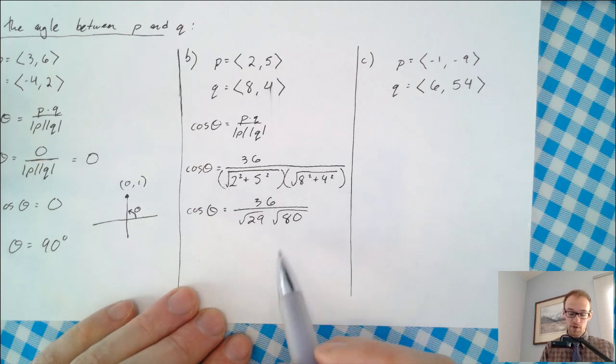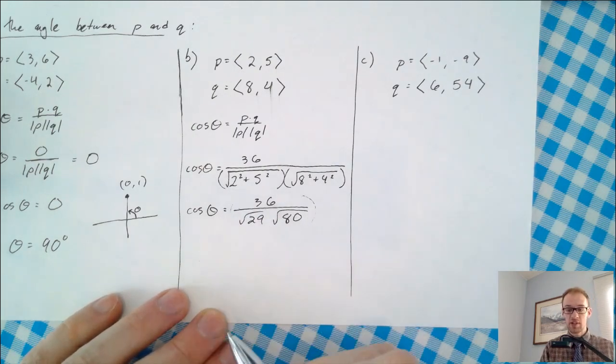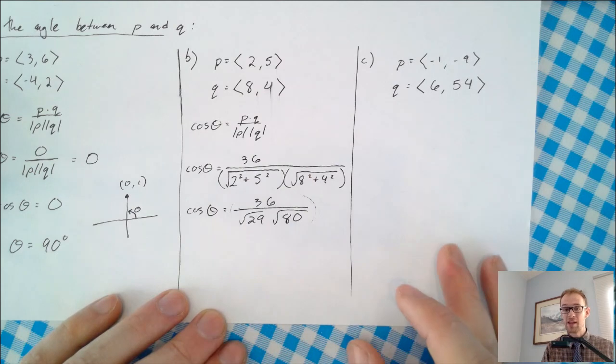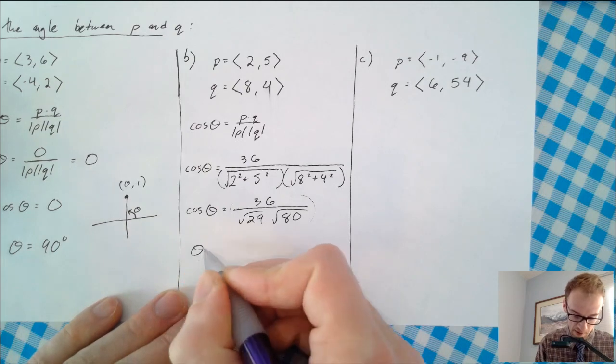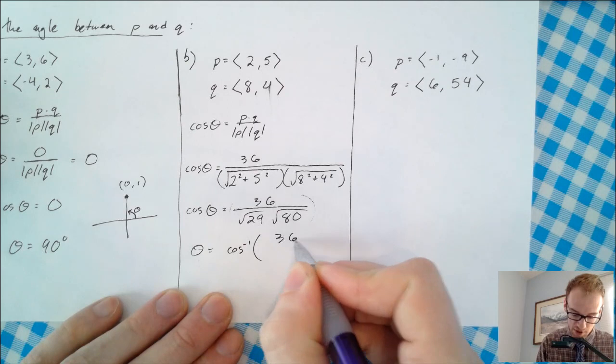But what we want to do is find the inverse cosine of this value so that we can get to theta. So really, I would be wasting my time simplifying this expression, since I'm just going to find the inverse cosine of that anyway to get a decimal approximation of the angle. So I'm just going to skip that part, and I'm going to do theta equals inverse cosine of this expression.